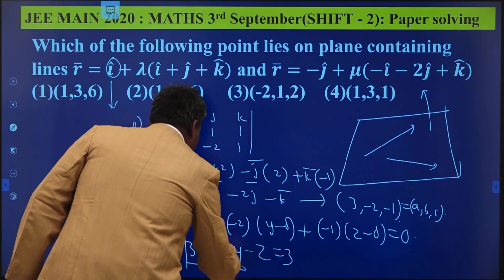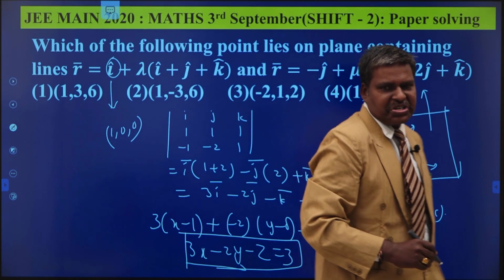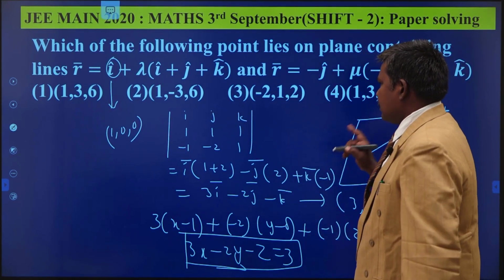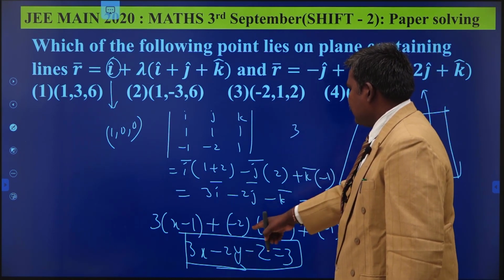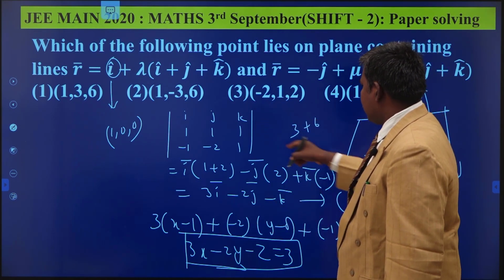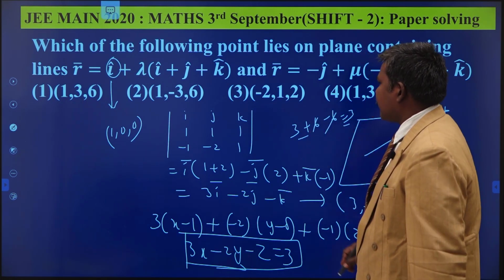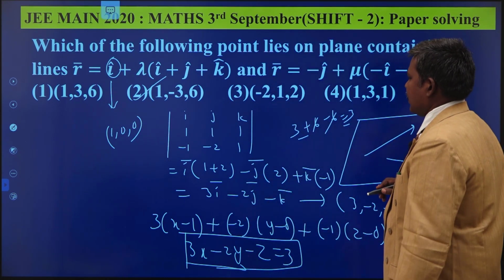This is the required equation of plane. It is very easy to find out the plane equation, and we have to substitute and see which point satisfies this one. Substitute the option. 3 ones are 3 plus 6 minus 6 is equal to 3. Okay, 3 equal to 3 satisfies. So 1 comma minus 3 comma 6 is your correct option.